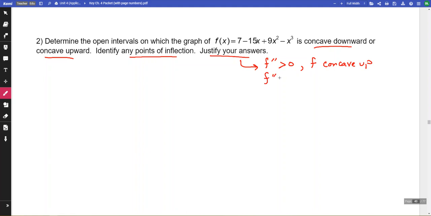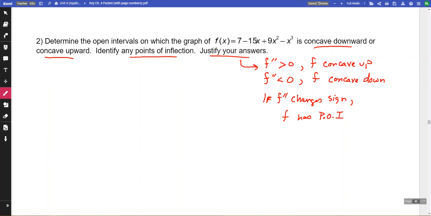And if that second derivative is less than 0, then f is concave down. We open upwards or we open downwards. And if f double prime changes sign, then f has a point of inflection. And it's okay to write POI.